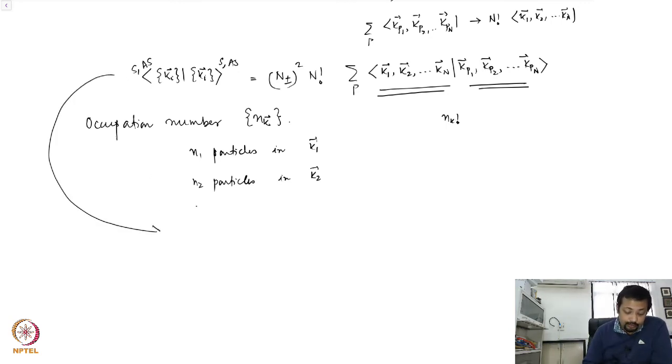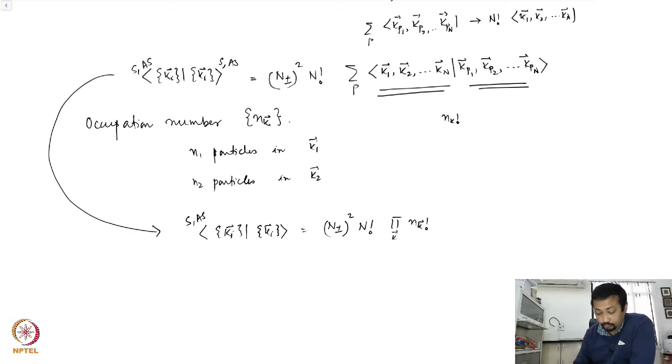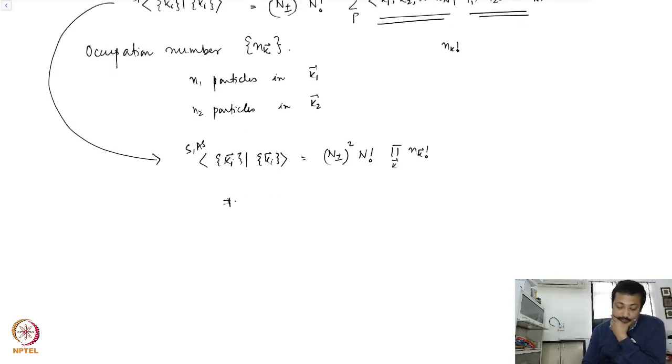So this quantity takes the simple form of N plus minus whole square n factorial product over k of nk factorial. This implies that N plus minus square times n factorial times the product over k of nk factorial is equal to 1.